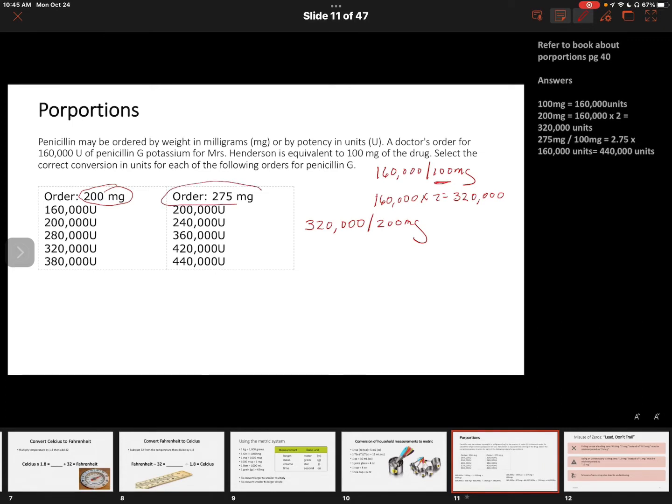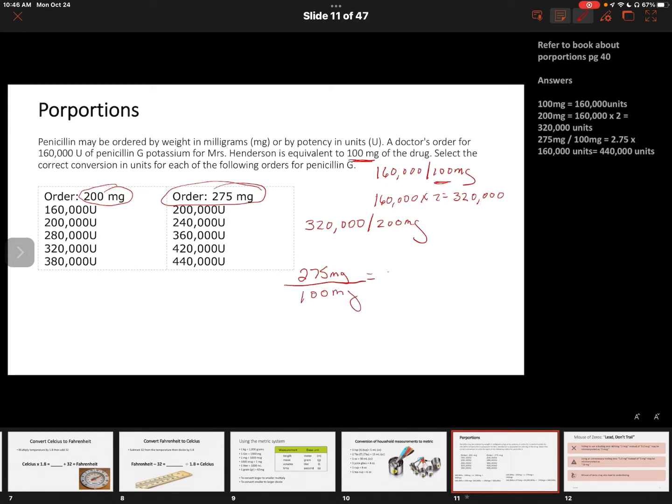The next one is 275 milligrams. That is what's ordered. What I have on hand is 100 milligrams.